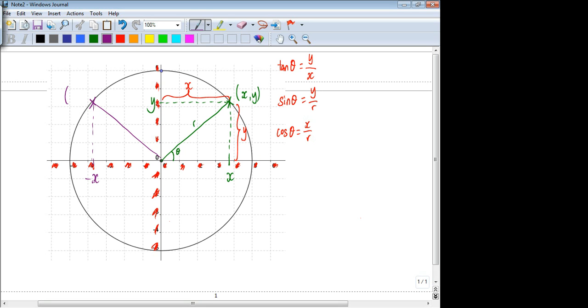So over here I have negative X. What about the Y coordinate? Is it also negative Y? No, it is Y. It is the same height. Okay, over here. Okay, so far? Okay, what about the length of this purple line?